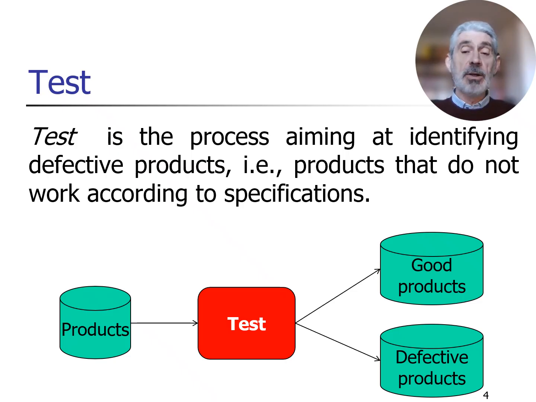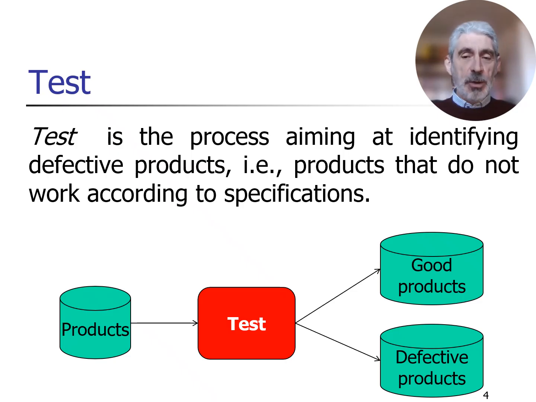So the primary goal of testing is to distinguish between good products and defective products, so that defective products can be typically thrown away and do not reach the customer that will then use them for mounting them on a PCB, in a system, and so on.